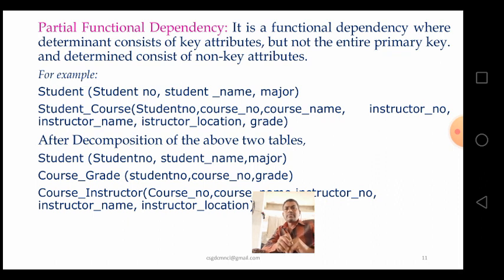Next, another is partial functional dependency. This is a functional dependency where the determinant consists of a key attribute but not the entire primary key. This is an example of a partial functional dependency.